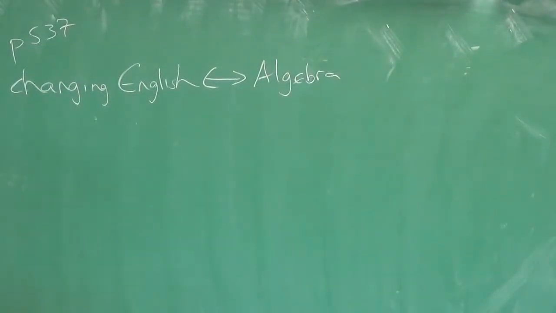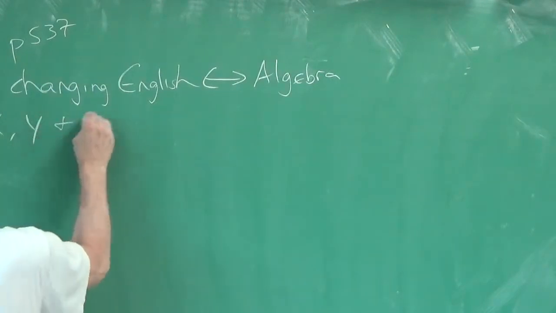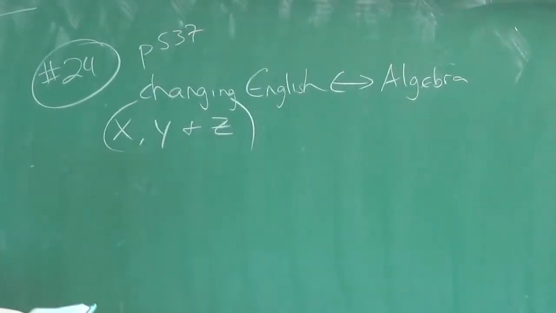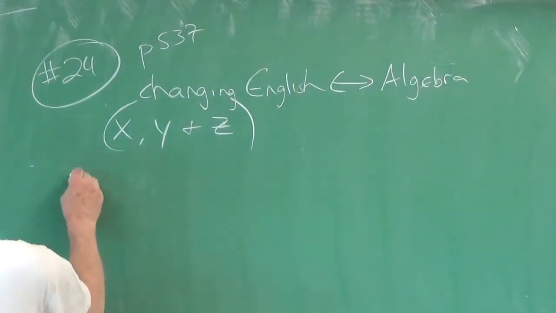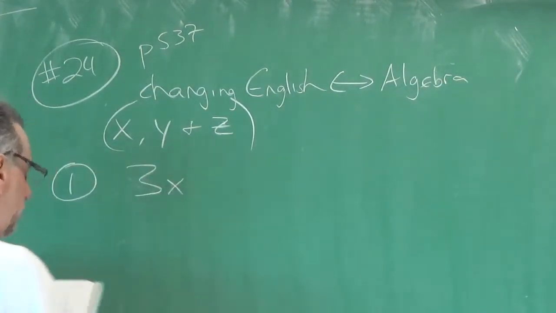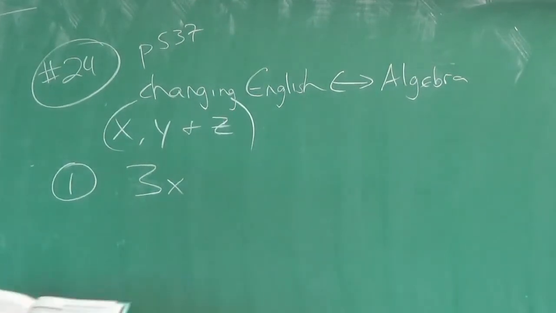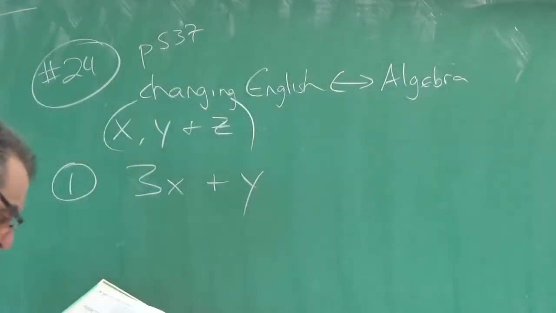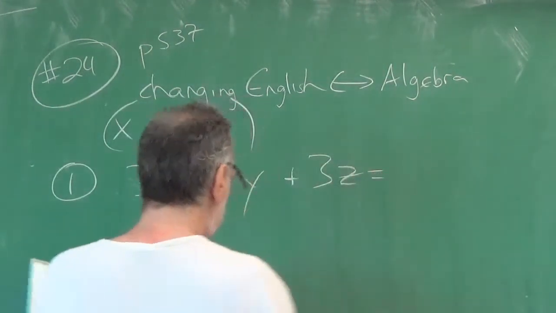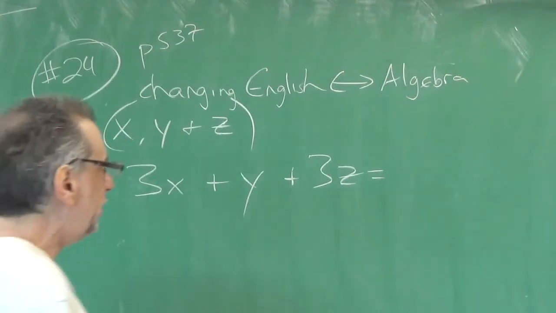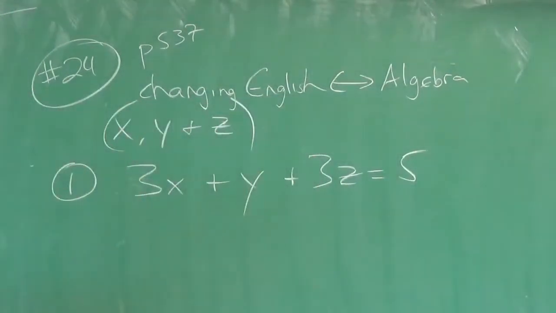So for 24, you got 3 numbers, x, y, and z. 3 times the first number plus the second number plus twice the third number is 5. So there's your first equation. Once you get the 3 equations, it's no different than what we just did. Coming up with the equations is the only additional part.